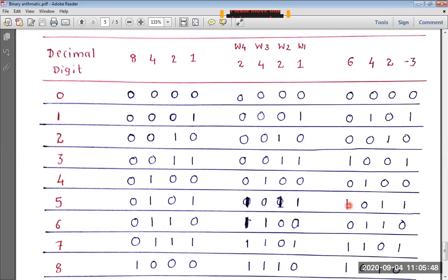The weight of the fourth digit is 6, so 1 into 6 is 6. The third digit has weight 4, but the digit itself is 0, so we ignore it. 6 plus 1 into 2 is 8. The first digit has the weight minus 3, so 8 minus 3 is 5. So the resultant decimal digit is 5.